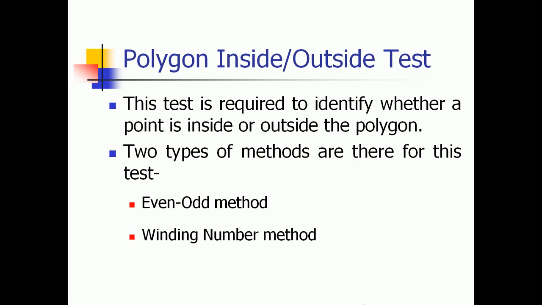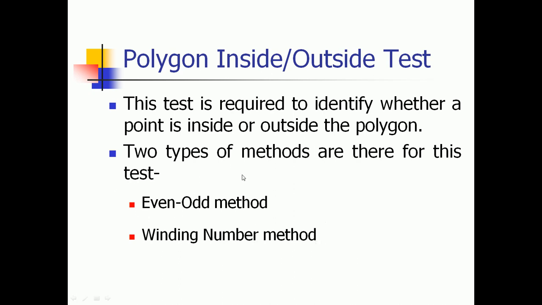To identify the area of the polygon, we need to first identify whether the current point or current pixel is lying inside or outside of the polygon. After that, starting from that point, we can start filling other neighboring pixels to fill the whole polygon. That is why we need to do this test, right?